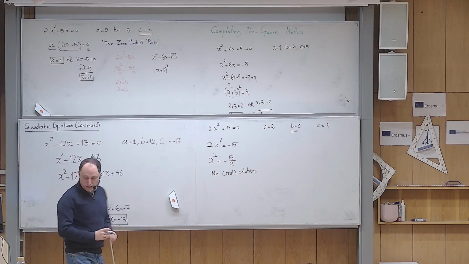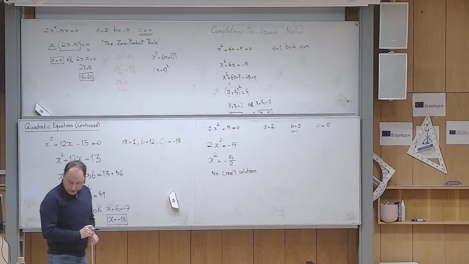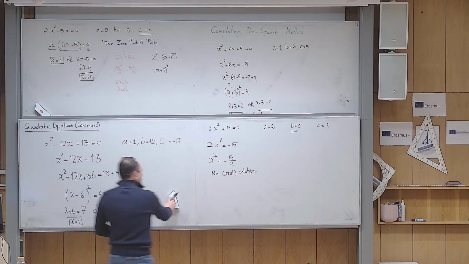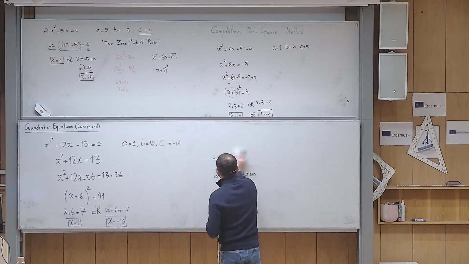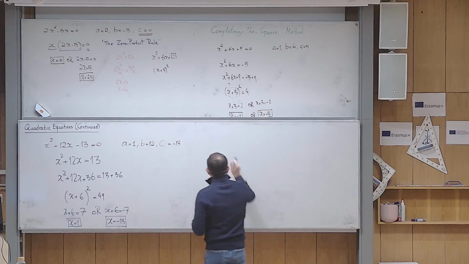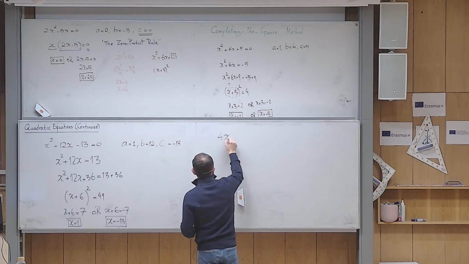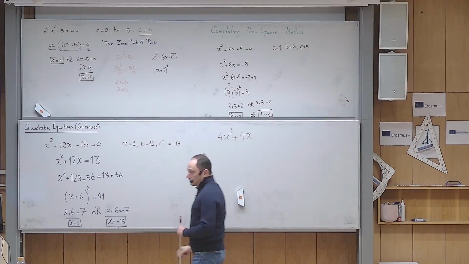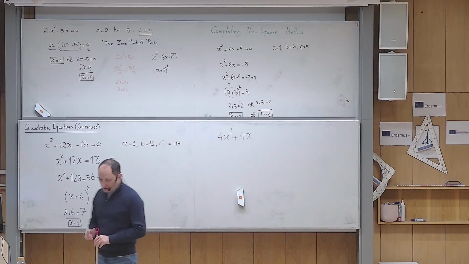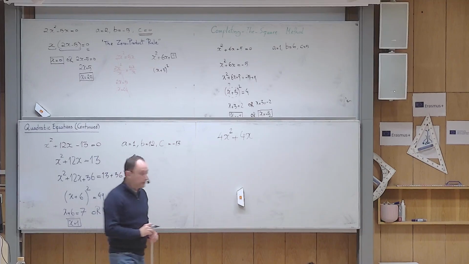So let me give you an example here. The example is 4x squared plus 4x minus 15 equals 0, with the same title: solve the following equation.